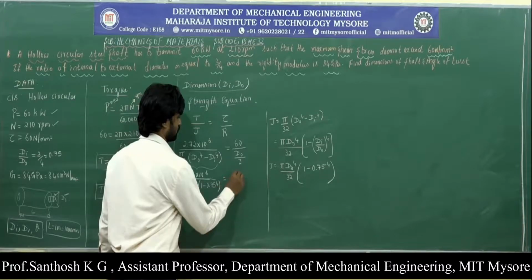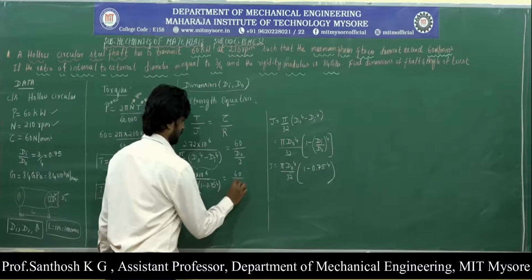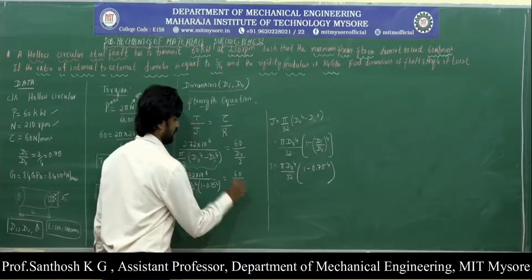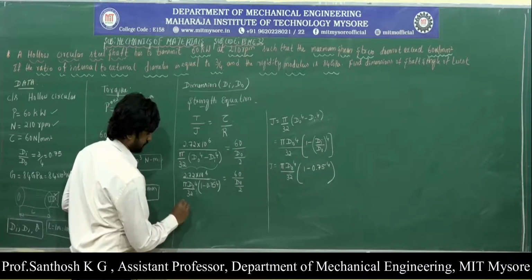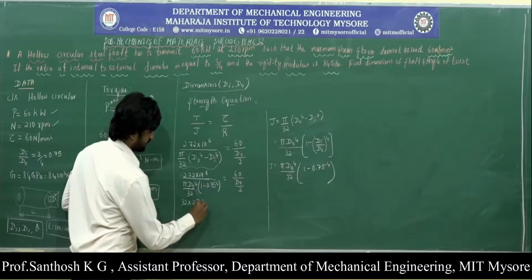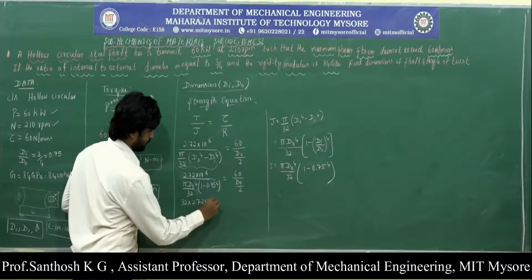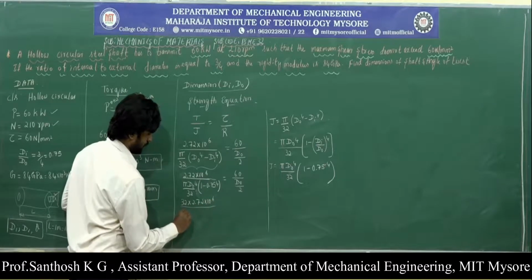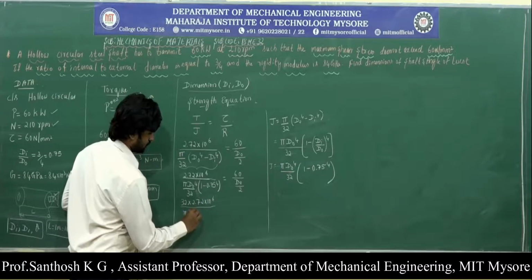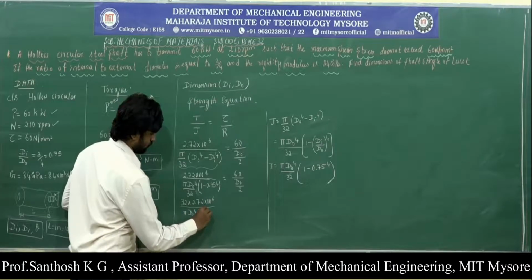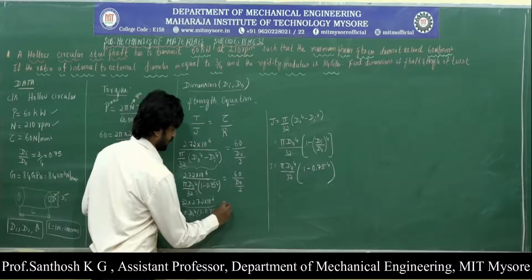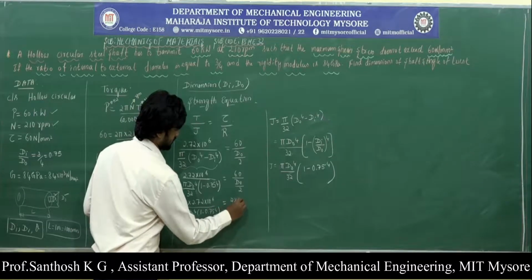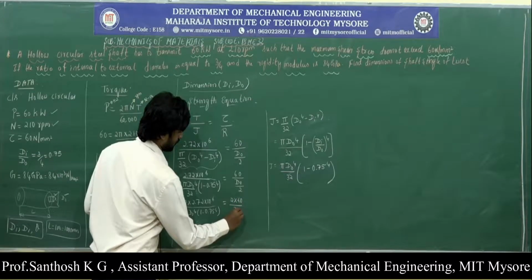This is equal to 60 divided by d naught divided by 2. Rearranging the terms, we get 32 into 2.72 into 10 to the power of 6 divided by pi d naught to the power of 4 into 1 minus 0.75 to the power of 4 equals 2 times 60 divided by d naught.